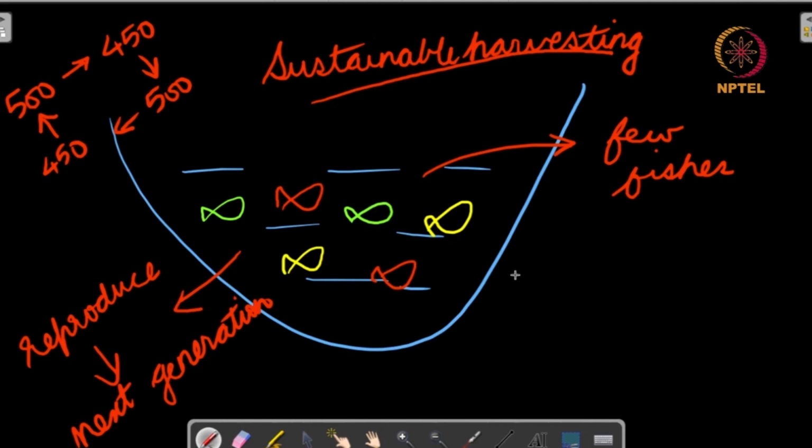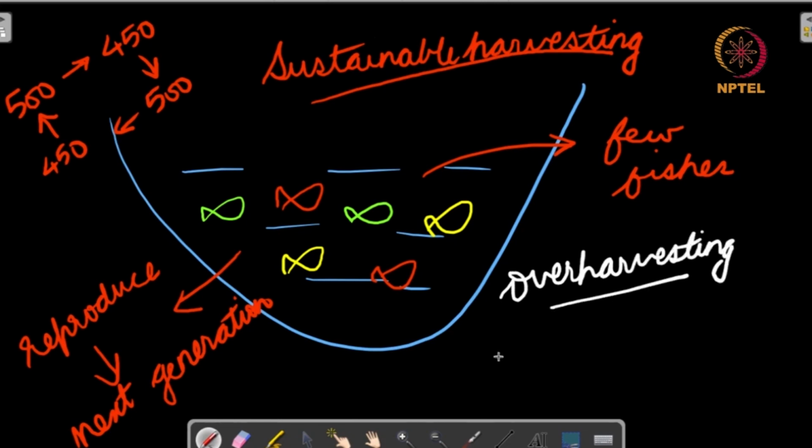But on the other hand, if we did an over harvesting, it would mean that from 500 we took out say 300 fishes, and now only 200 remain. Now we give it certain time, but then because the number of fishes is very less, there are less number of parents. With less number of parents, less number of offsprings are born.